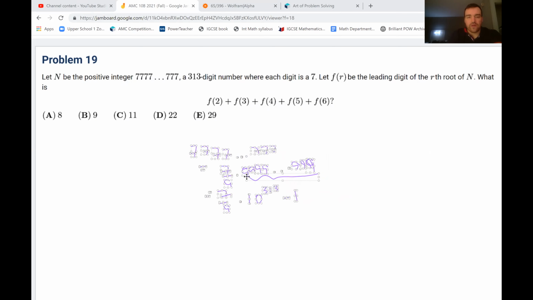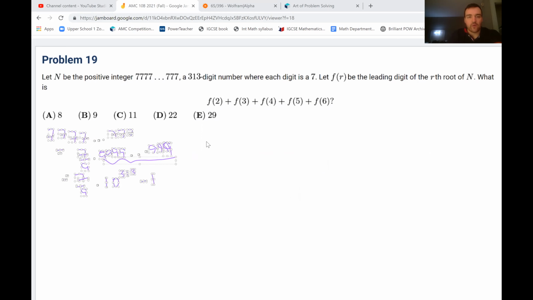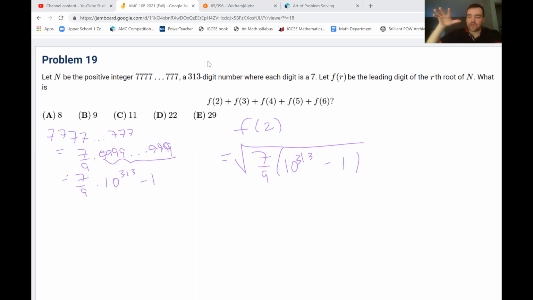Now let's say we want to find f(2). Then we're taking the square root of 7/9 times 10 to the 313 minus 1. Because 313 is odd, 10 to the 313 lies between 10 to the 312 and 10 to the 314, which are two integer values.